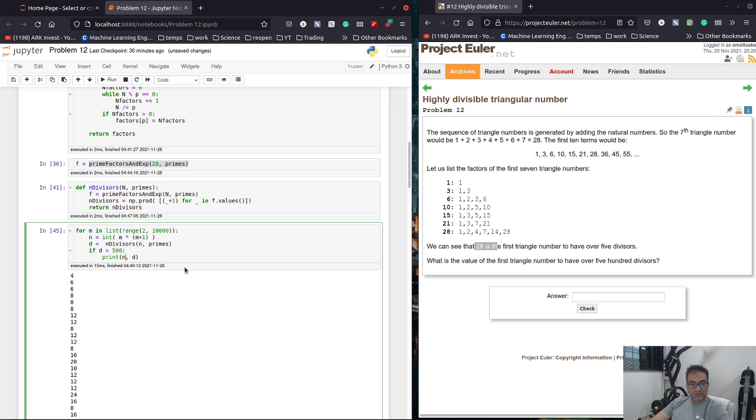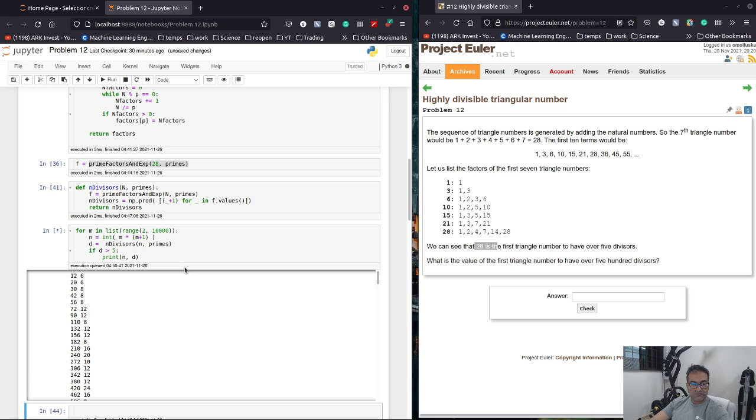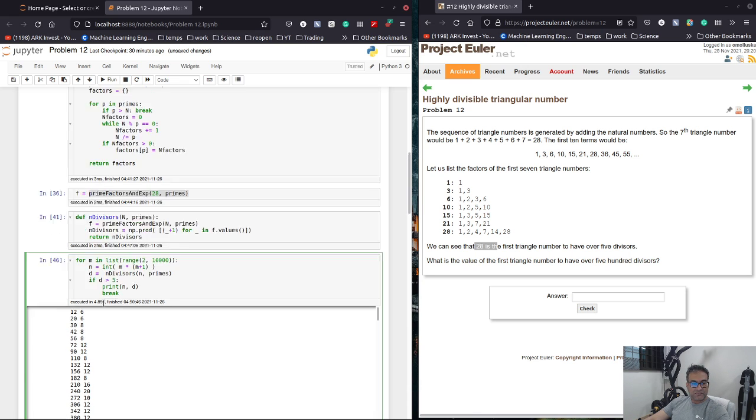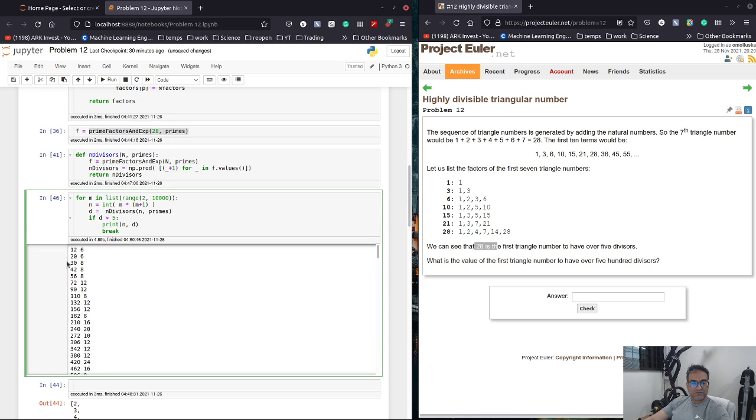Okay, so let's start with 5. Why are we printing stuff? Wait. So 12 has 6 divisors. Wait, is that right?